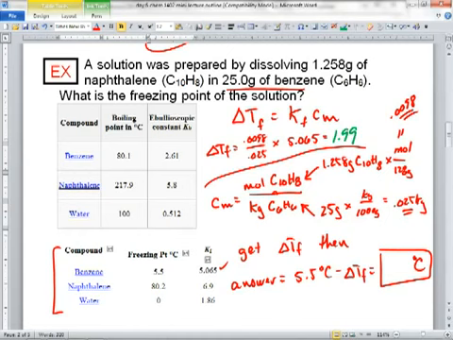Is that the answer? Yeah, we got to take the 5.55 minus the delta T. About, what, 3.51? So we get 3.51.